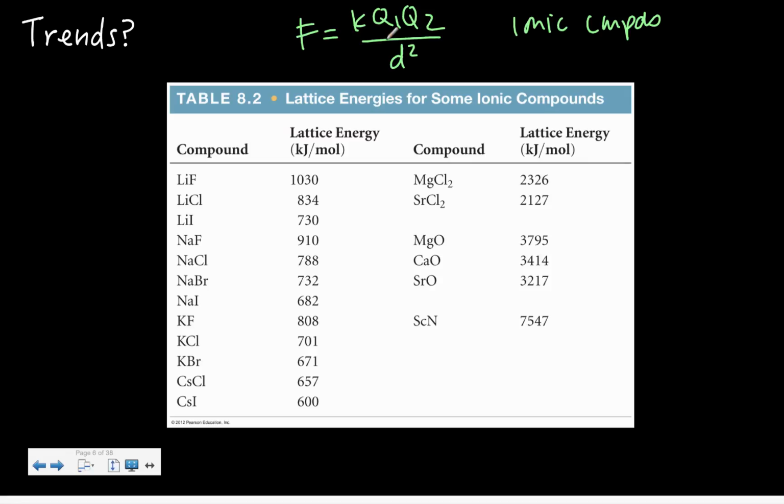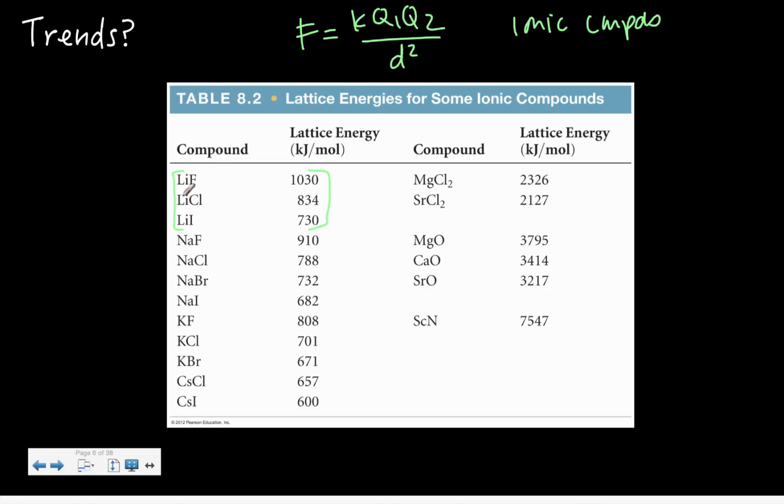So anyway, let's compare some of these. If we compare these three, lithium fluoride, lithium chloride, lithium iodide, what do we notice about this set? They all start with lithium, and then we start with fluorine, then we get to a slightly bigger anion, and a slightly bigger anion. And they all have the same charges: +1, -1, +1, -1, +1, -1. Which means that charge is not what we're discussing for this set. We are going to be discussing the diameter.